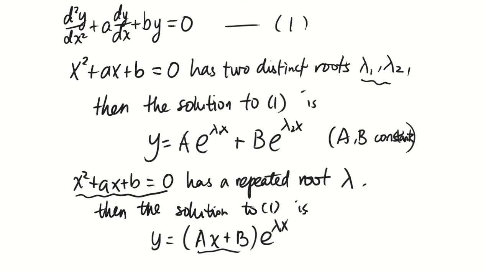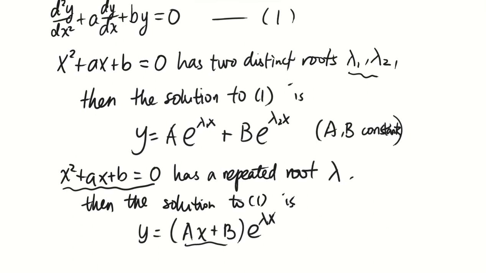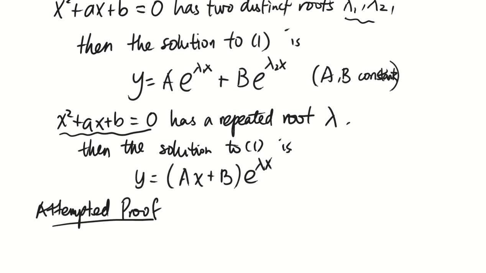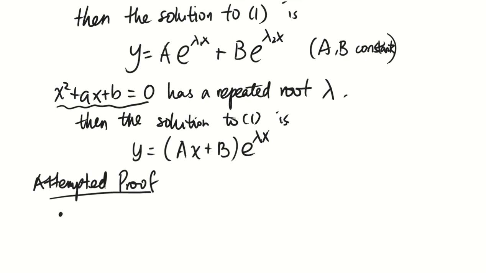The usual way people prove this statement is an attempted proof, which is not complete, by the way. People might attempt to prove that y equals e to the lambda 1 x works, and then prove that y equals e to the lambda 2 x works.